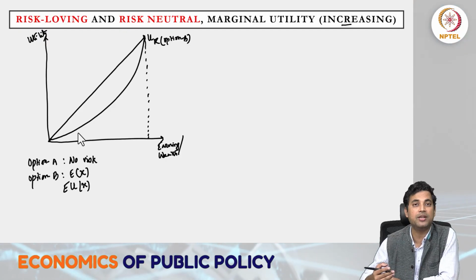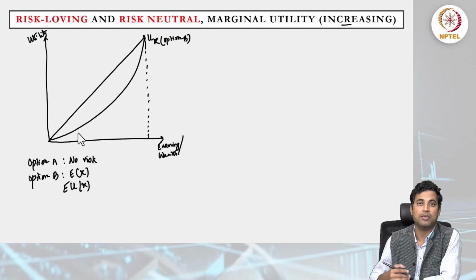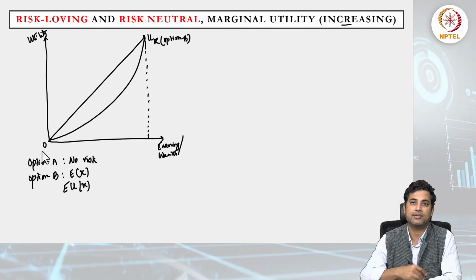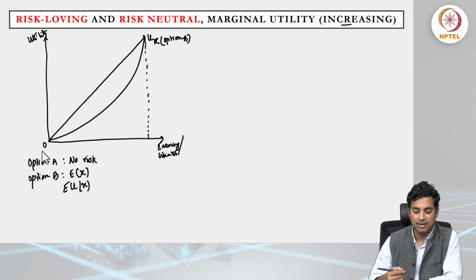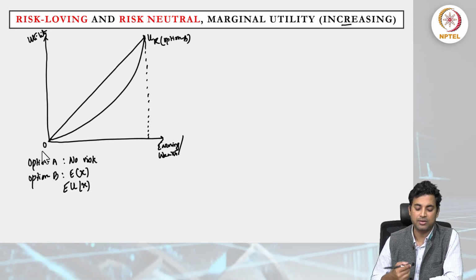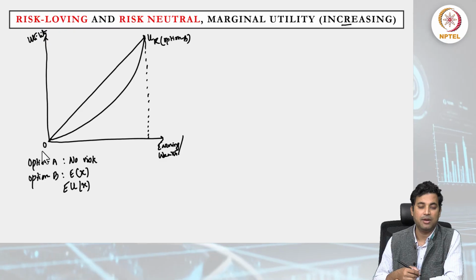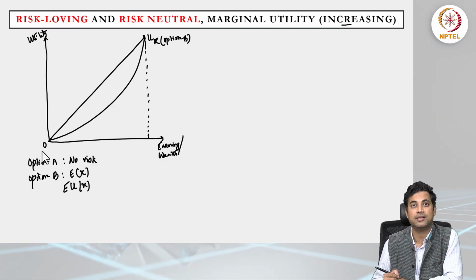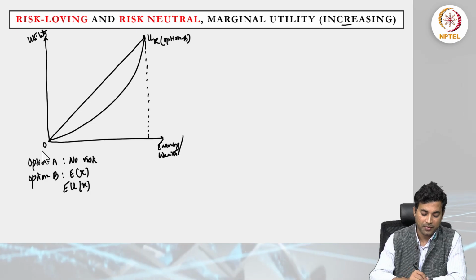So it keeps on increasing as your outcome, here wealth or earning, increases. So this is absolutely the case of a risk loving exercise or the activities that a person will choose.